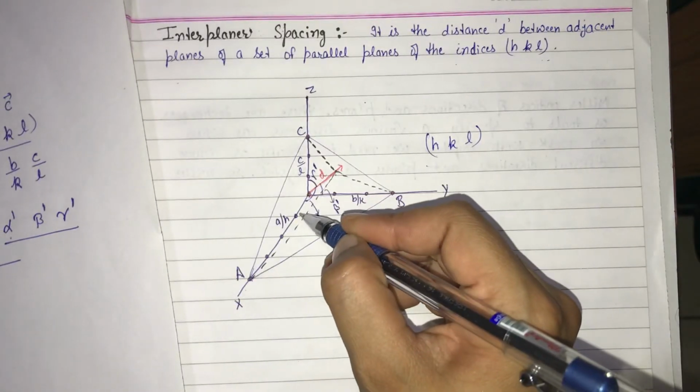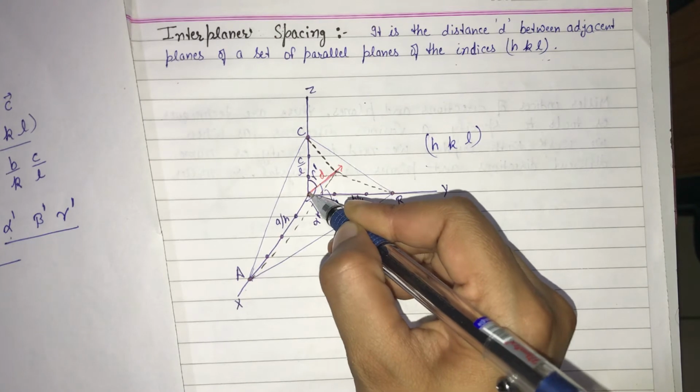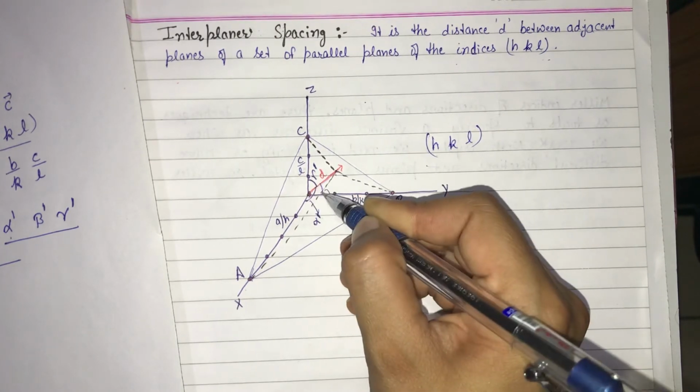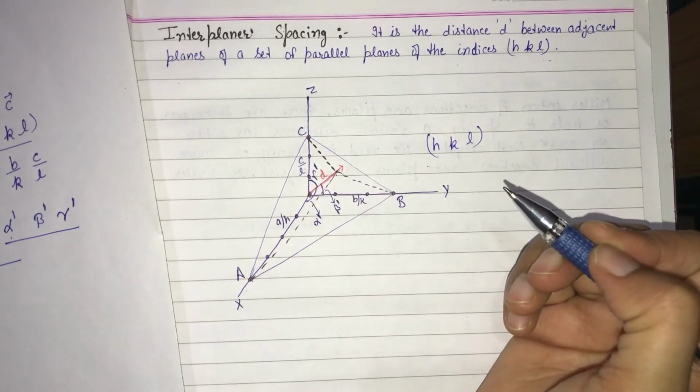This is the angle between this x axis and the perpendicular which is drawn to this plane. So this is alpha dash, this angle is beta dash and this is gamma dash.